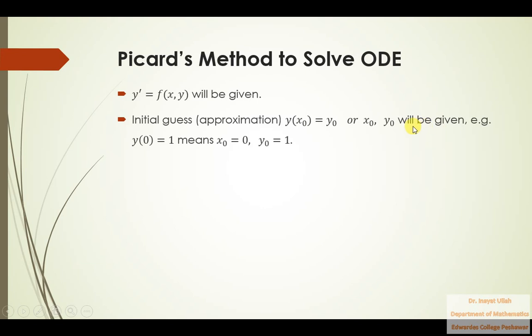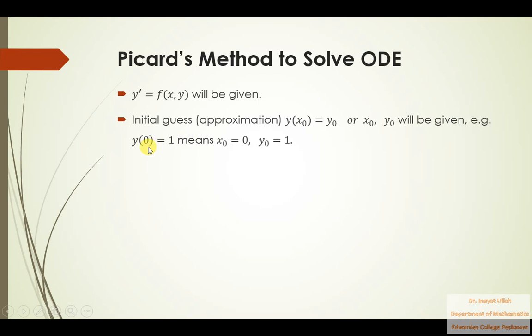Initial approximation will also be given to you. Initial approximation is actually the value of x and the value of y for n equal to 0, x naught and y naught. They may be given separately as x naught and y naught, or in this style: y of x naught is equal to y naught. It means that the value of x is x naught and the value of y is y naught.